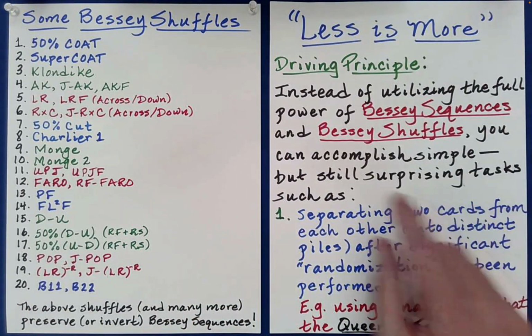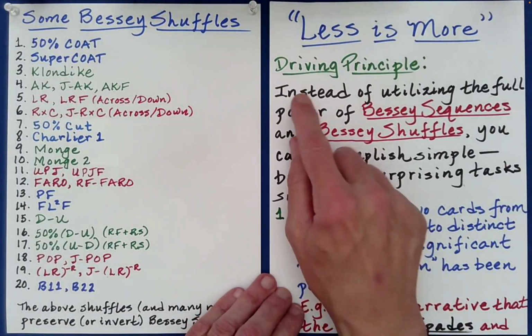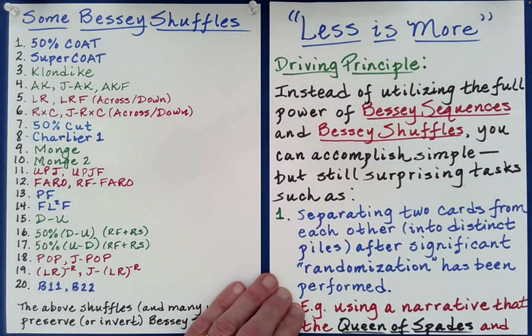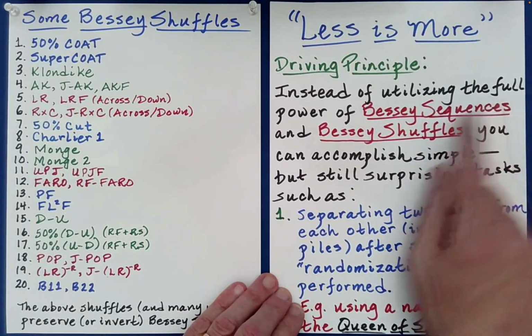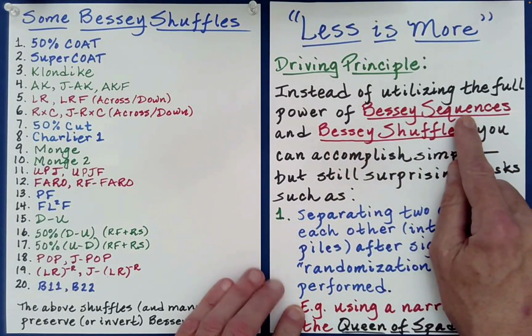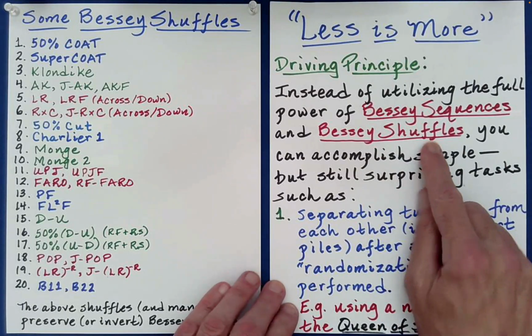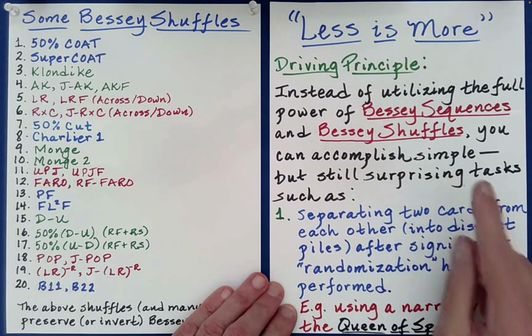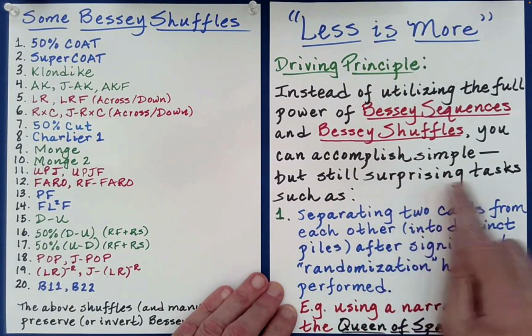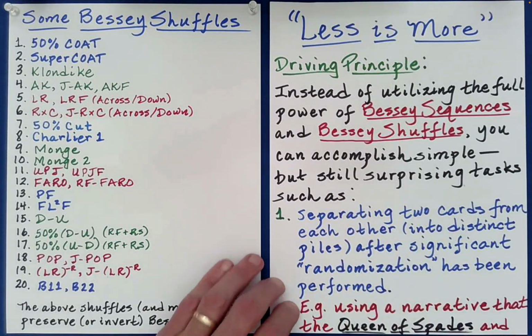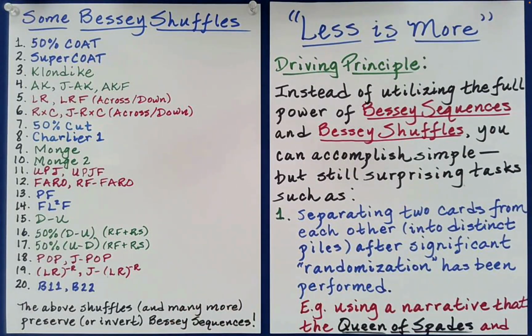So our driving principle for what we will accomplish here is, instead of utilizing the full power of Bessey sequences and Bessey shuffles, you can accomplish simple but still surprising tasks such as: Number 1, separating two cards from each other into distinct piles after significant randomization has been performed.